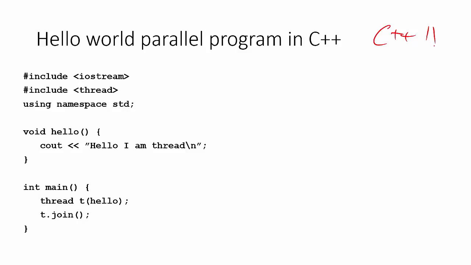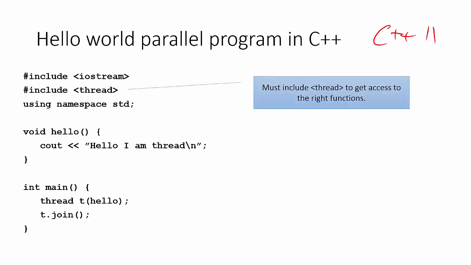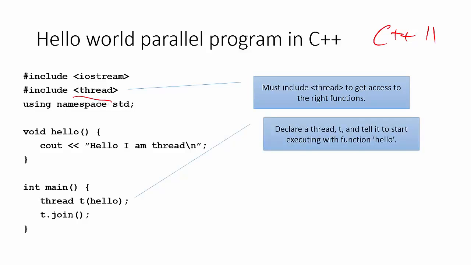I'm going to start with the basic threads. So here are three things happening in this code. The first one is that we have to make sure that we include the threads package to get access to the right functions. With that, we can create a thread variable, type thread, and the name of the variable is t, and initialize it with the name of the function that will implement the thread.